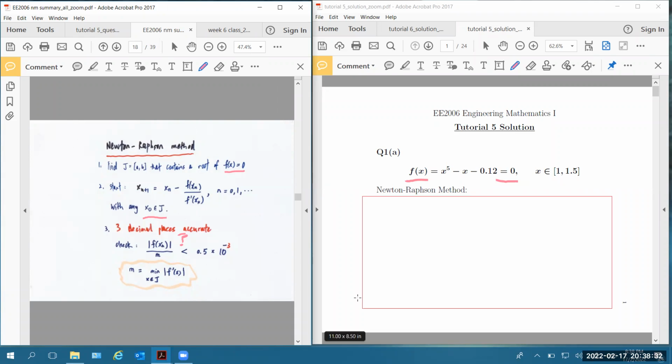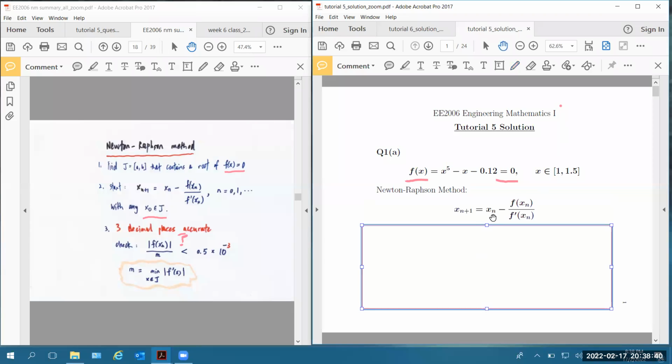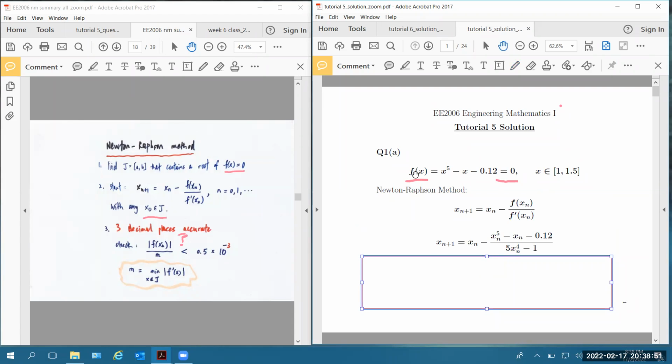We are going to write down the Newton-Raphson method. So this is the method. Of course, you cannot just write it like this. You have to put in your f(xn) and your f'(xn). That one is quite easy. f(xn) means that in f(x), you put the x as xn.